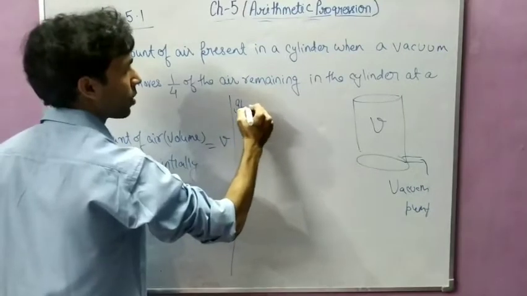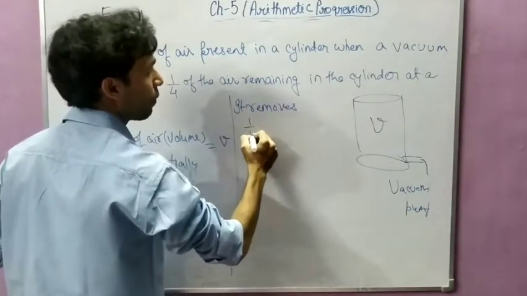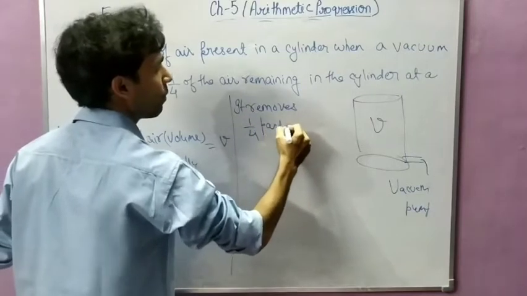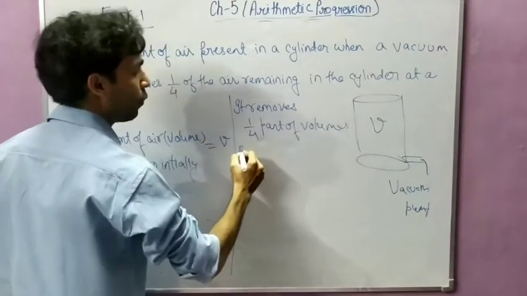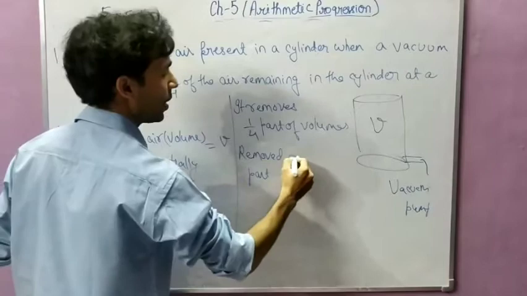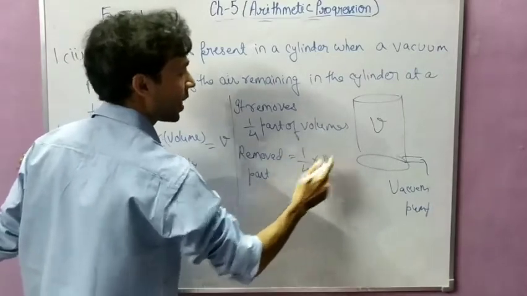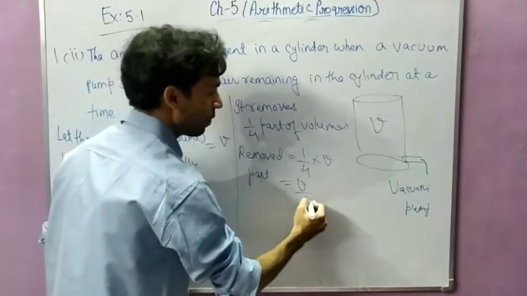It removes 1/4 part of the volume, so the removed part will be 1/4 into V. That much part is removed from the cylinder, V/4.